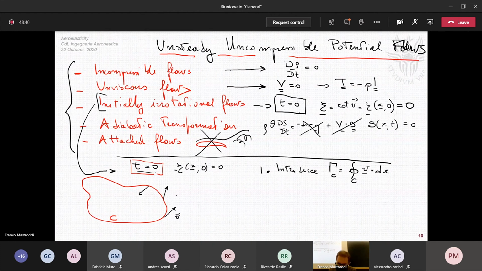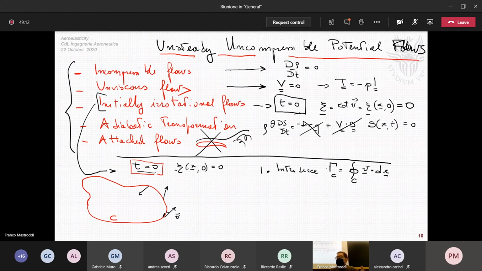So I may draw this line, and I may compute this quantity, just multiplying the velocity by an infinitesimal element dx like this, and then take the dot product with these two vectors, and sum. At the end of the story, you have gamma. Okay? Introduce this gamma, the circulation gamma.